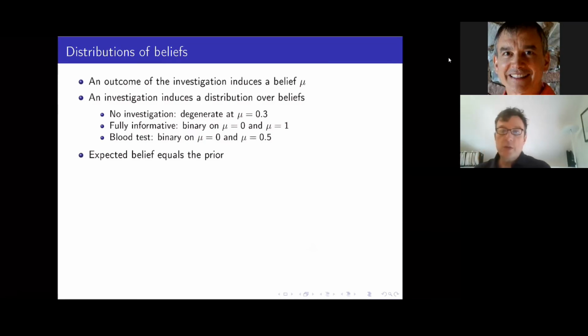The only restriction that any informational policy has to respect is that the expected belief over all the signal realizations equals the prior, right? And that's simply the law of total probability, that's Bayes consistency, okay?